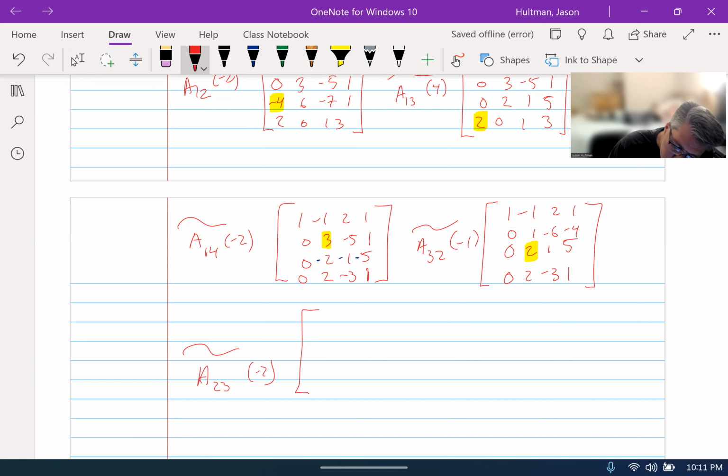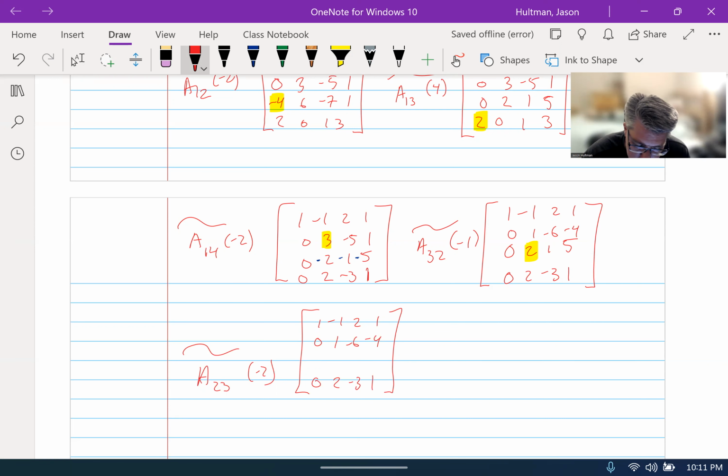So now the matrix that we're going to get is 1, -1, 2, 1, and then 0, 1, -6, -4, and then we'll skip the third row because that's the one we're working on. The last row is 0, 2, -3, 1.